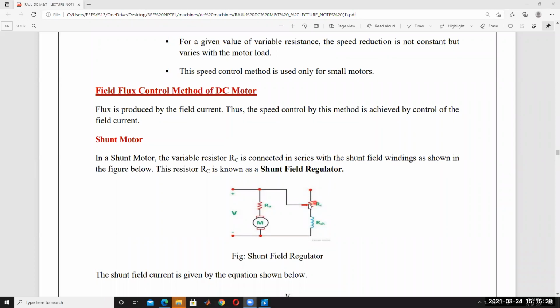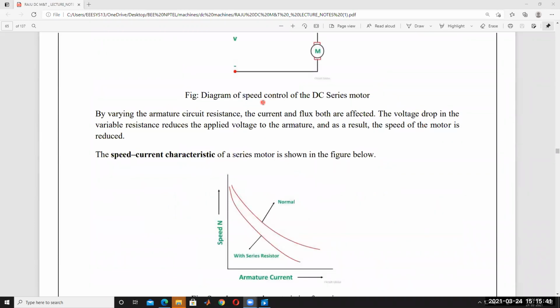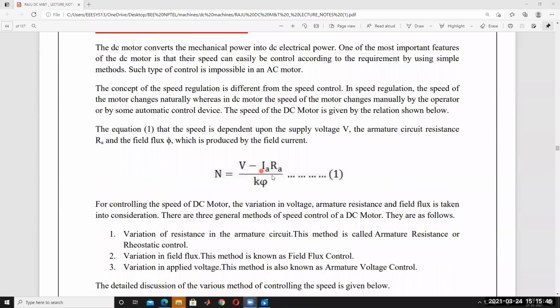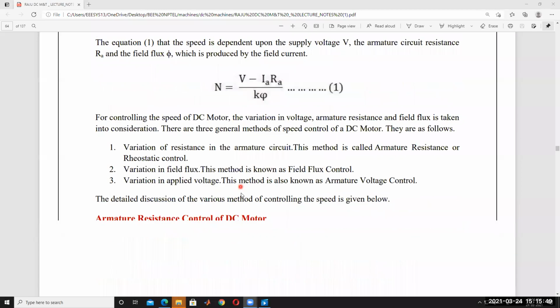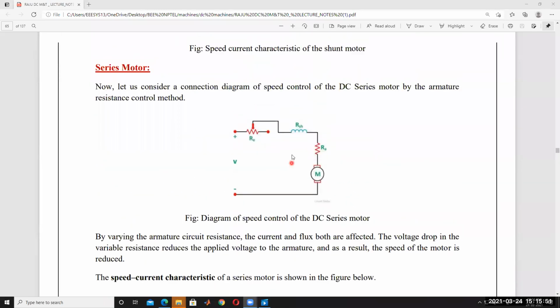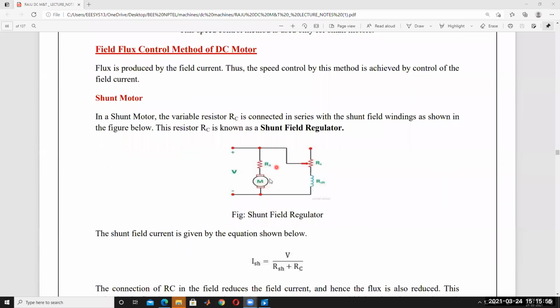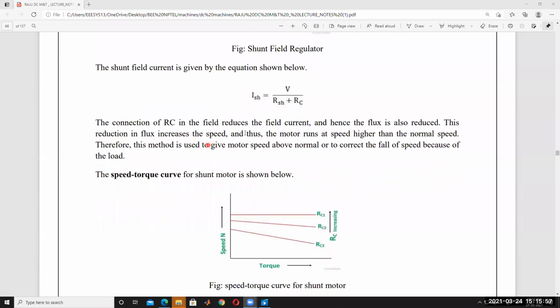This is called the variable R_C resistance. Then this field current can be controlled, which means the flux can be controlled. N is equal to (V minus I R) divided by phi, from this relation. Controlling the flux means the speed can be controlled. So like this, by controlling the field flux, the speed can be controlled. That is for the shunt motor.